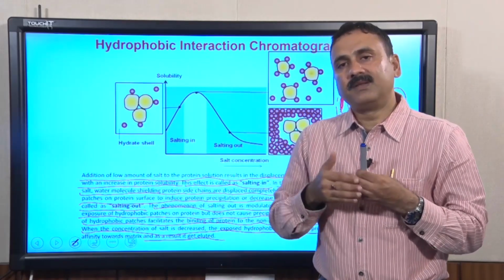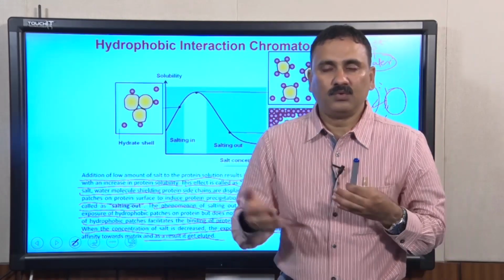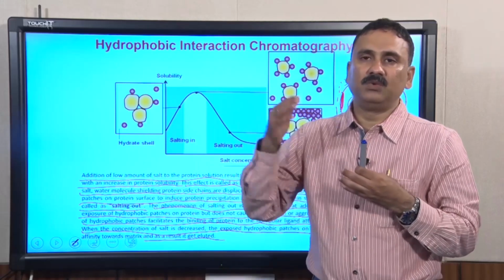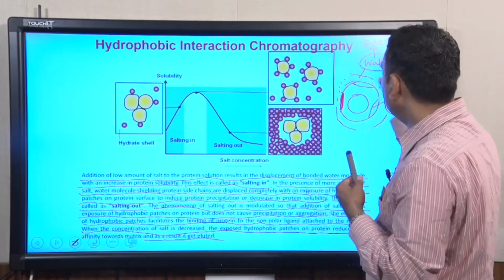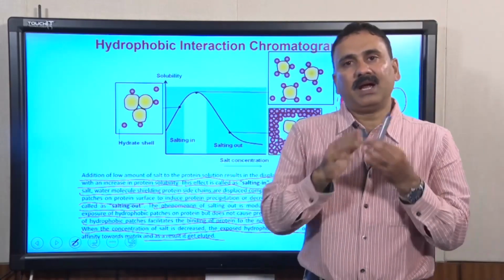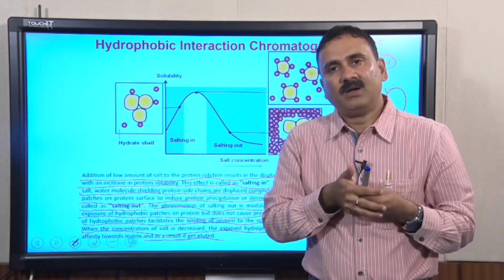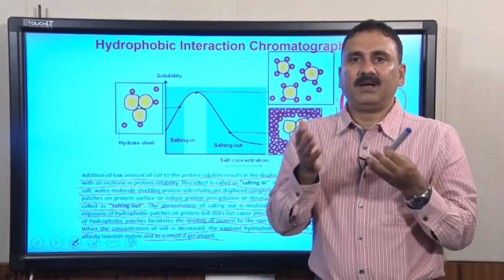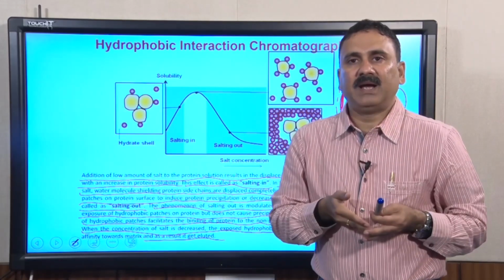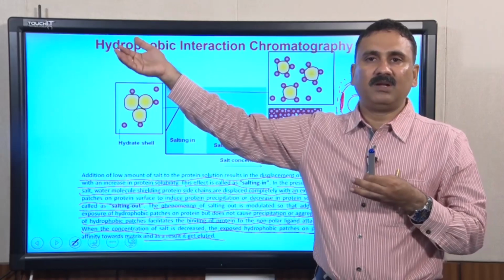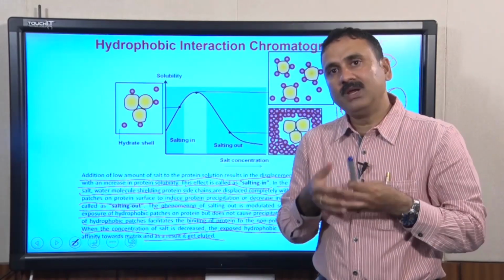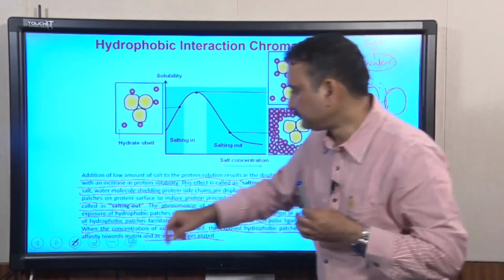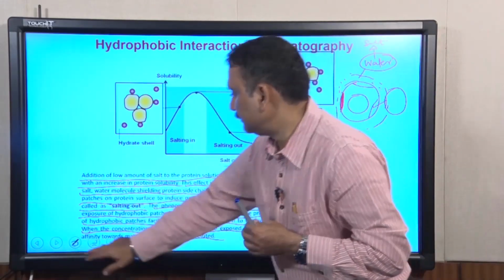Once you do the washing, after washing you can reduce the salt. Once you reduce the salt, you bring the hydration shell back, and that protects the patches, and the interaction between the hydrophobic patch and the ligand present on the matrix is broken down, and that is how your protein is eluted from the beads.